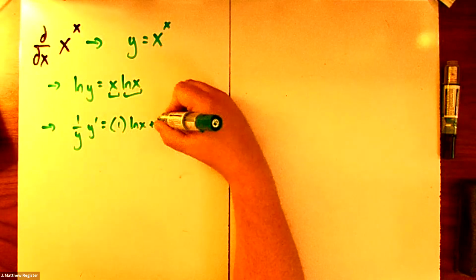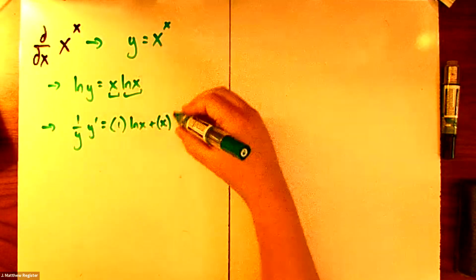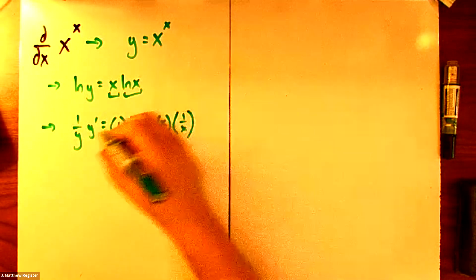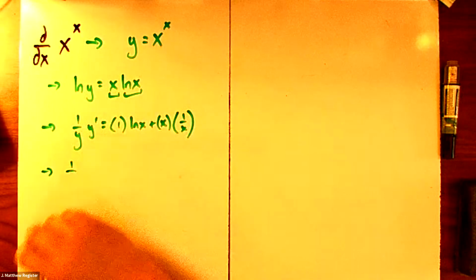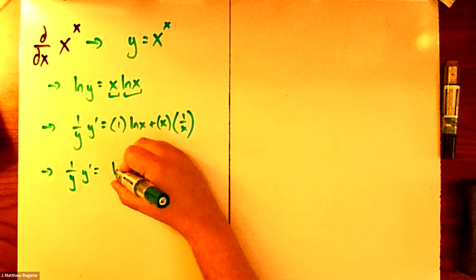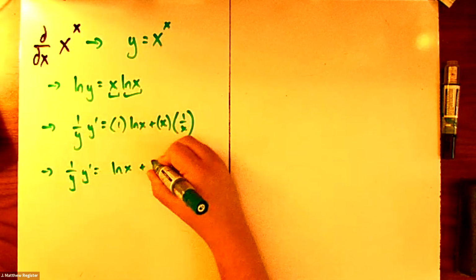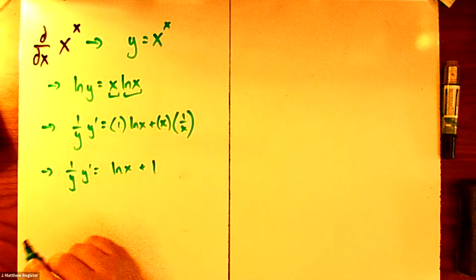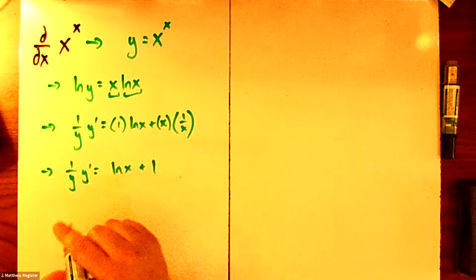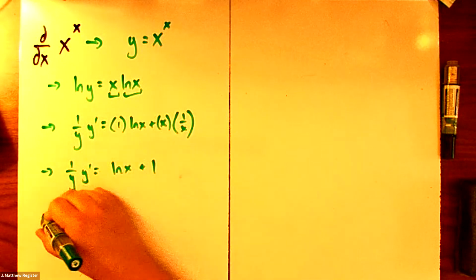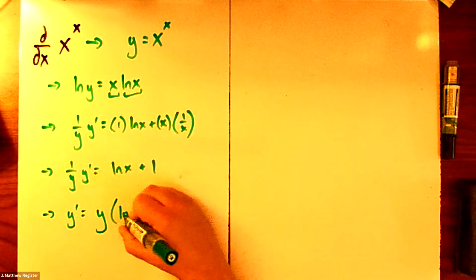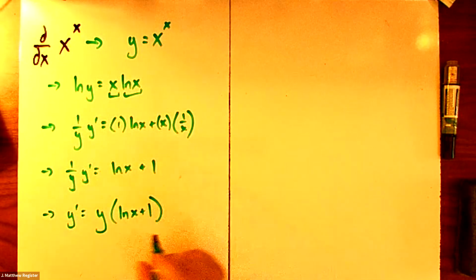And then it would be x times the derivative of natural log of x, which would be 1 over x. Cleaning up the right side, we get natural log of x plus 1. And now we want to figure out what y prime was. And so we'd multiply both sides by y, giving y prime is equal to y times natural log of x plus 1.